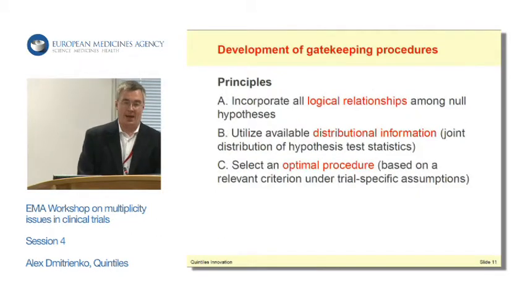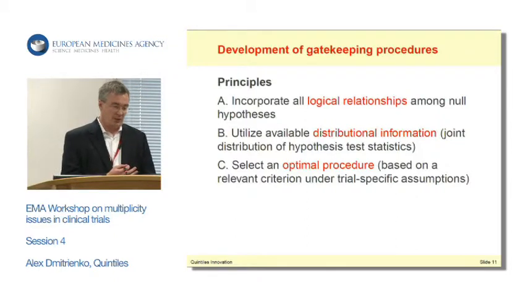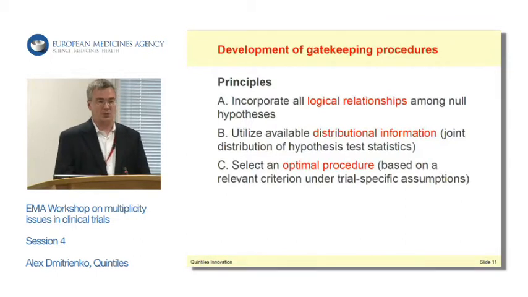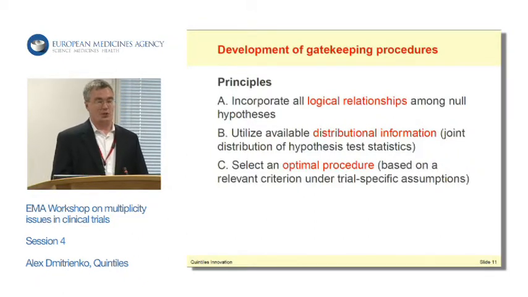Instead of talking about those specific methods, I would like to emphasize the importance of defining certain principles that drive the process of building powerful and flexible solutions to complex multiplicity problems. What I've defined on the slide you can think of as the ABCs of gatekeeping procedures, or maybe even multiple testing procedures in general.